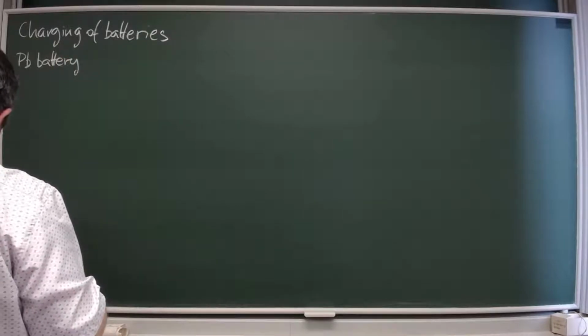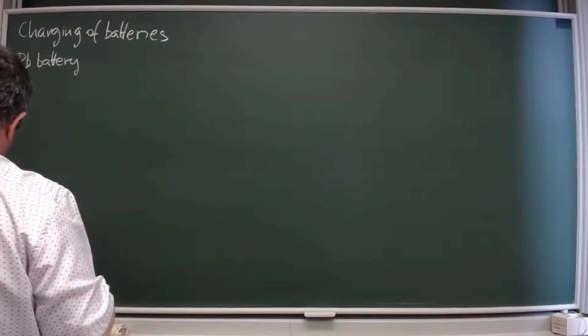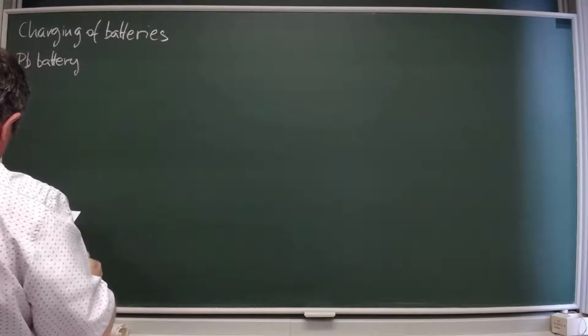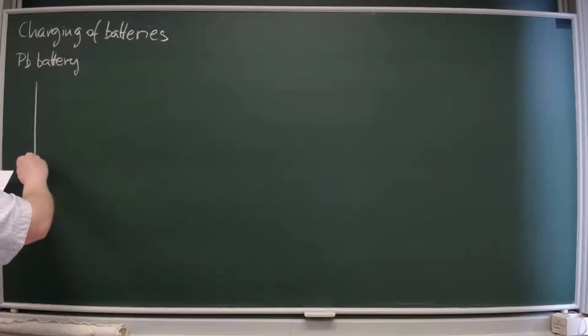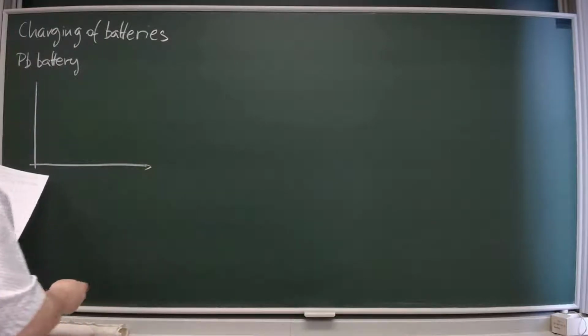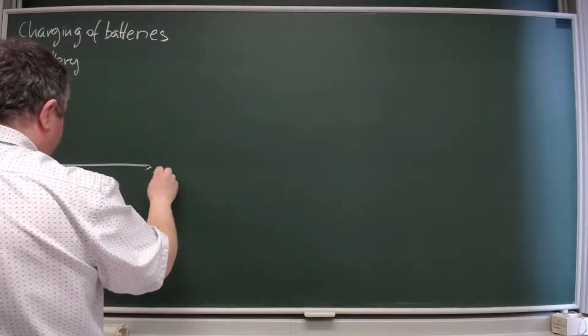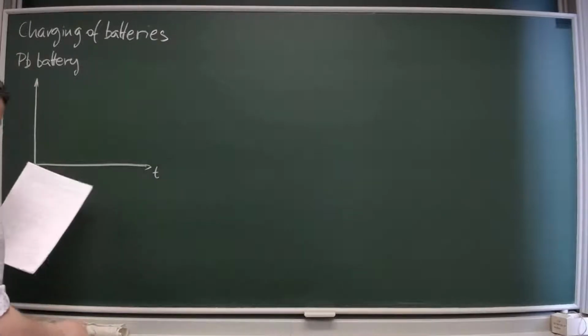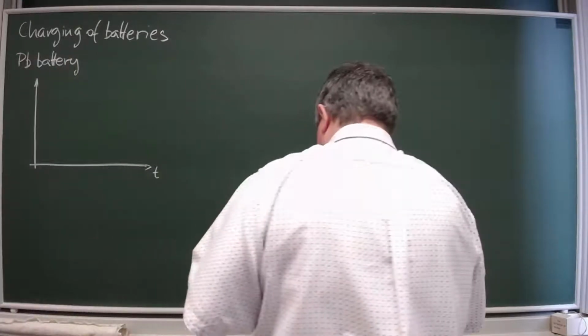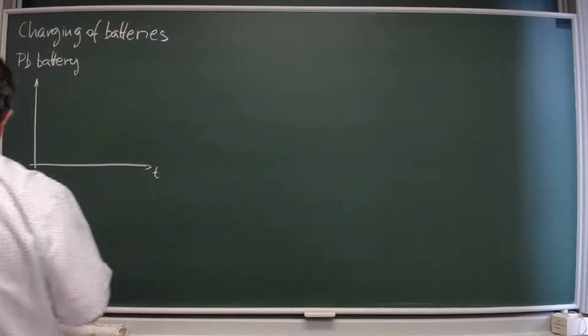There's a whole science and a lot of experiments for charging the lead acid batteries. And we may say we get the following characteristics when charging. Here we get the time, roughly, and here we get the other values. And the other values are changing in the following way.